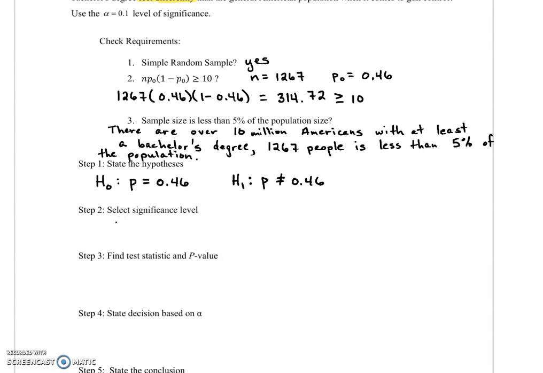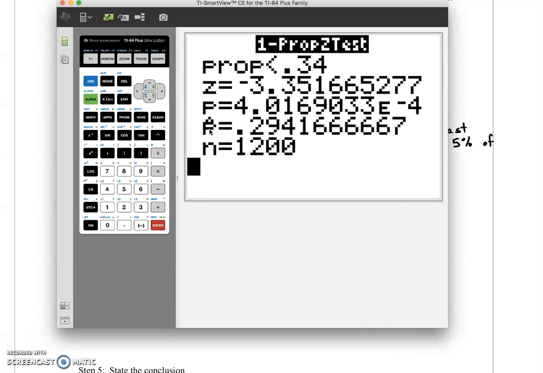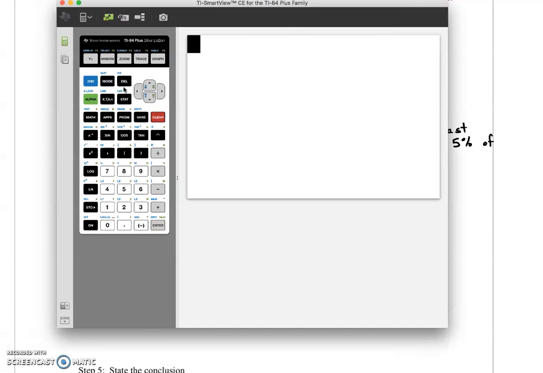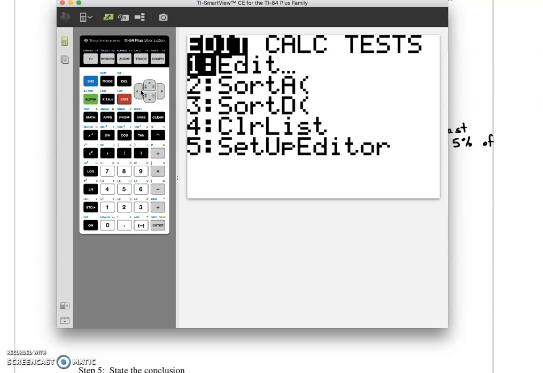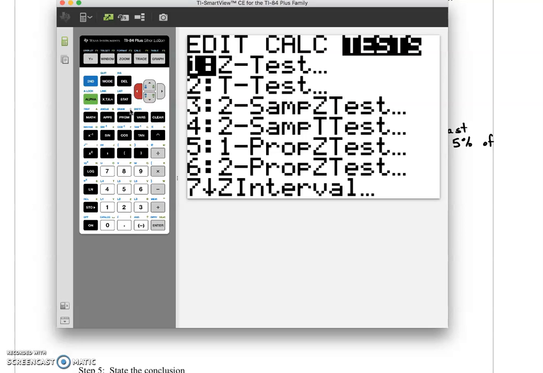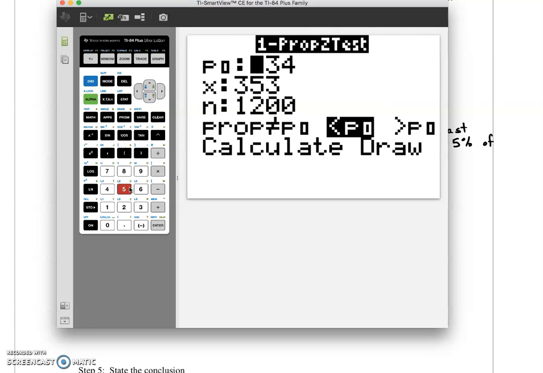Selecting the significance level, we have alpha equals 0.1, the problem told us. So find the test statistic and p-value. It's a 1 prop z test. And so if we go back to our calculator, go to stat, go to tests, pick number 5, 1 prop z test.